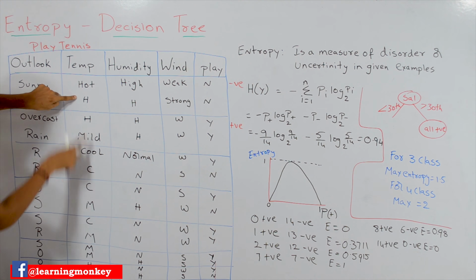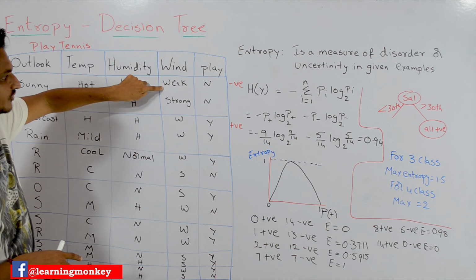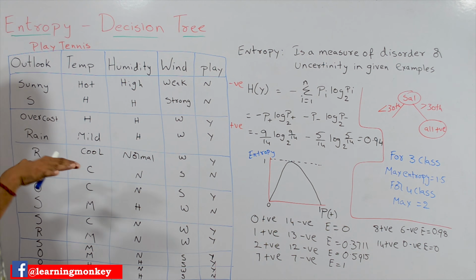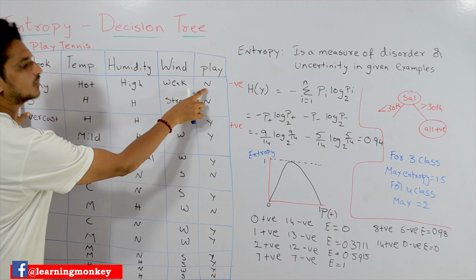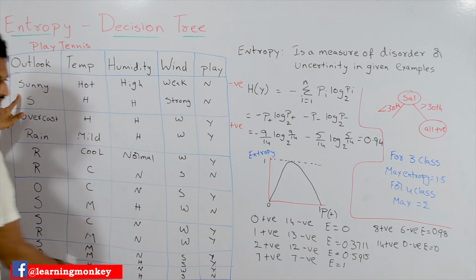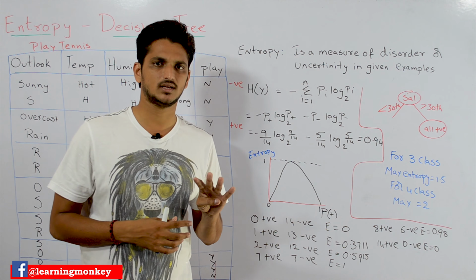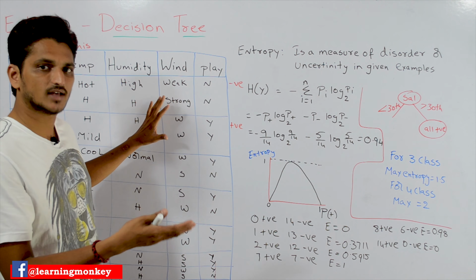Here H means hot, C means cool, M means mild. Then wind is weak or strong. So based on these conditions, they play tennis or not. For example, sunny, hot, high, weak: they don't play tennis. This is our given dataset. It has 14 data points, and we use this dataset for the next couple of classes.